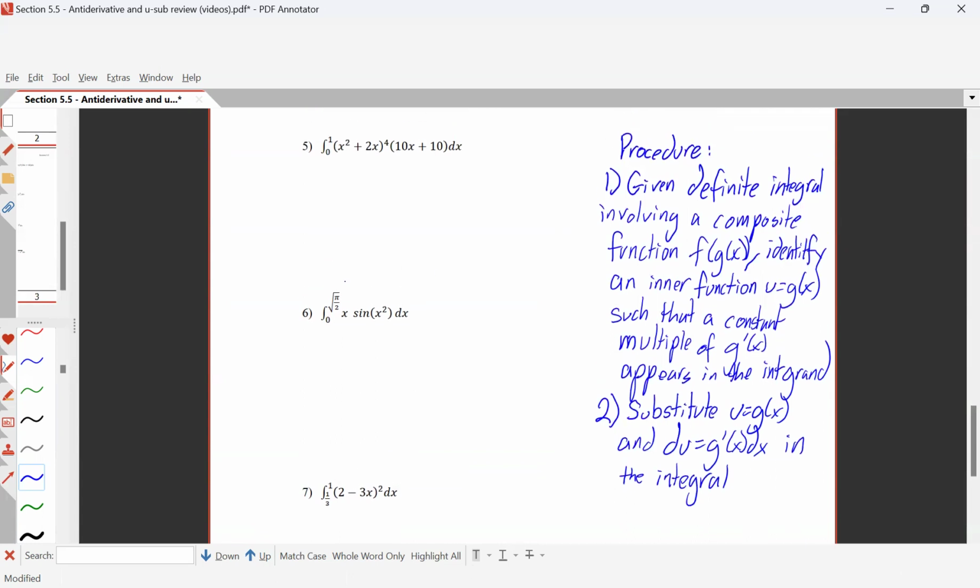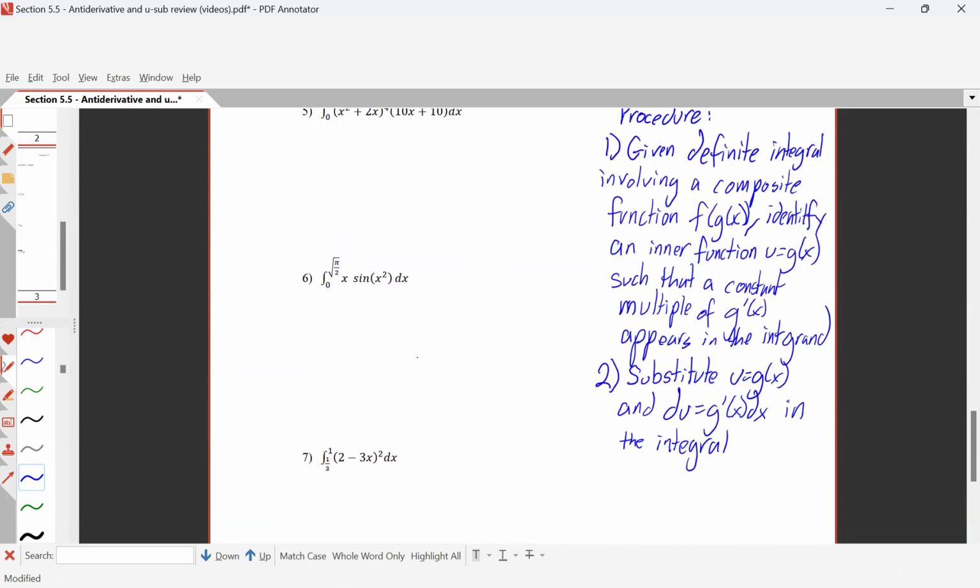On a definite integral, we also have these bounds. And these bounds are in terms of x. They're saying along the x-axis, from 0 to 1, from 0 to square root pi over 2, from 1/3 to 1. Along the x-axis, I am finding the area under this curve.